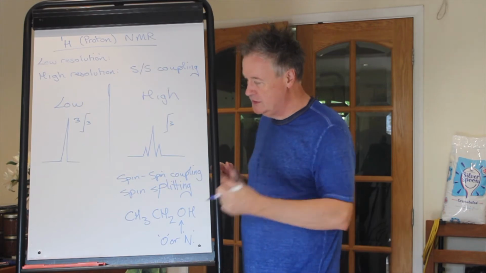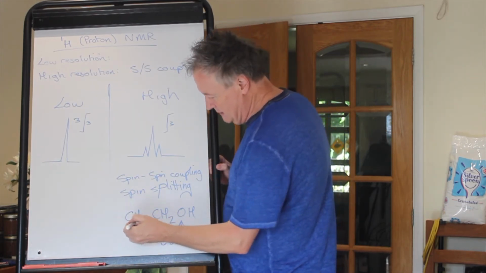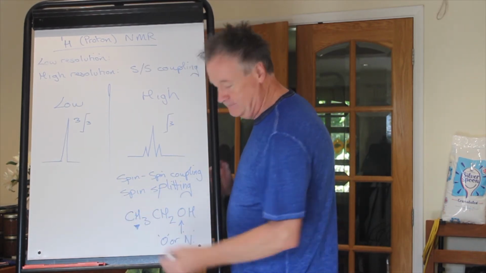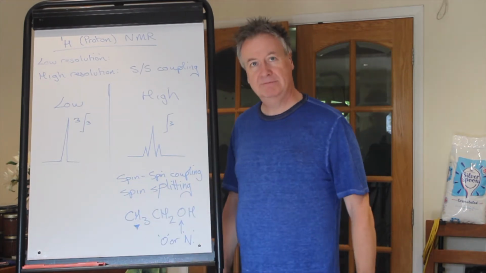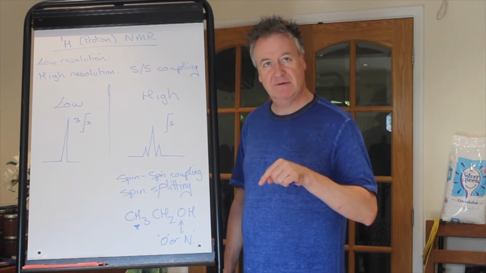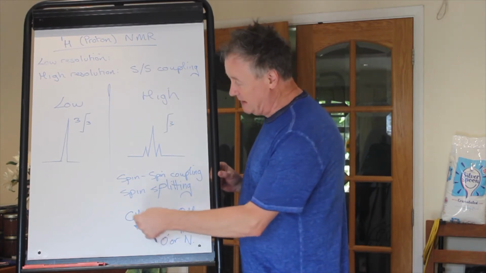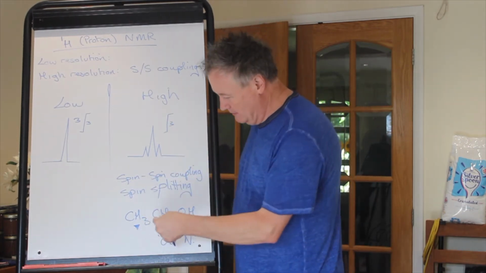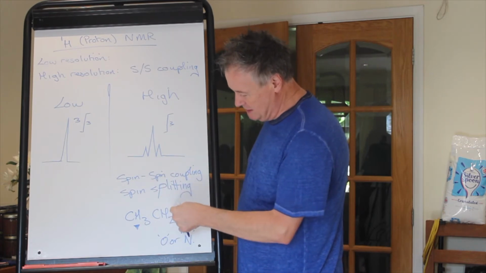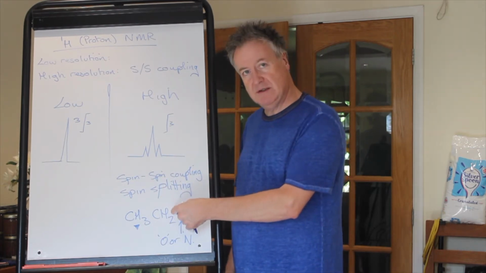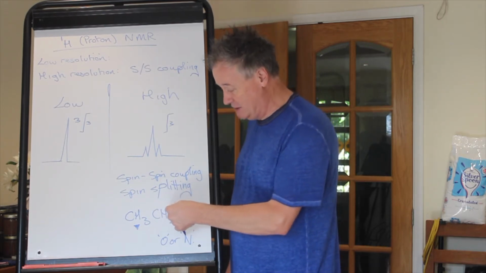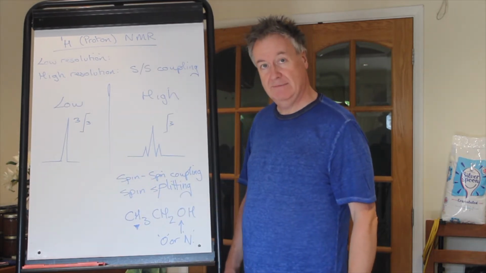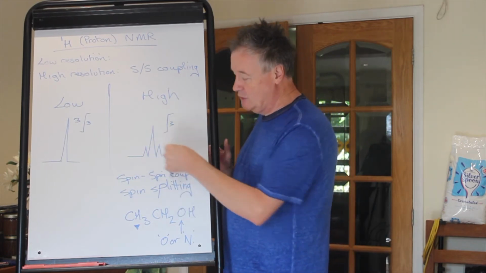Now the cause, if we are looking at these hydrogens here on the end of that molecule, they're all the same because the CH3 group, the 3 hydrogens, are equivalent. That's why I've said it's 3. But what happens is these 2 hydrogens next door, under high resolution, will affect those 3, and therefore they cause it to split.